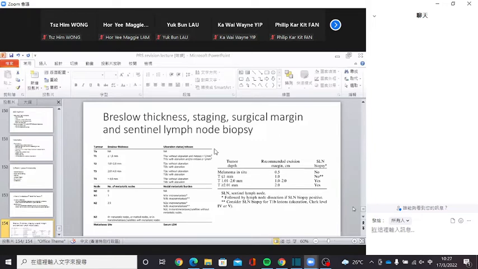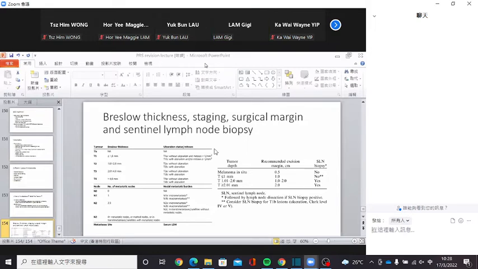Hello? Anyone want to try? I think excisional biopsy should be done, but I'm not sure of the reason. Is it because you want to know the thickness of the lesion?